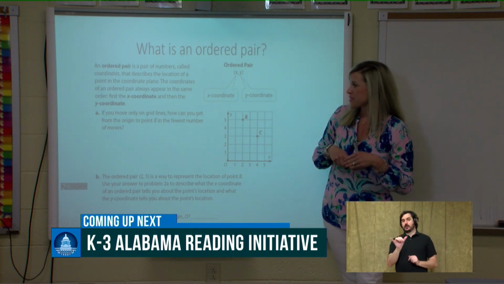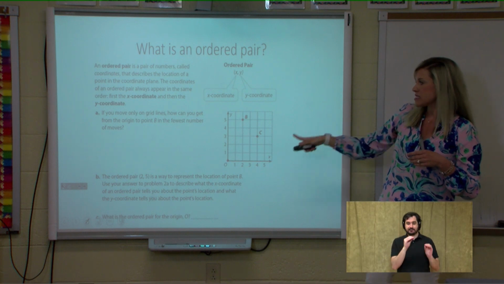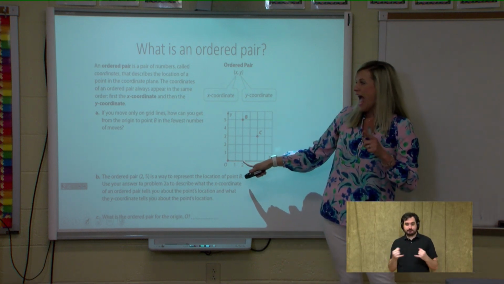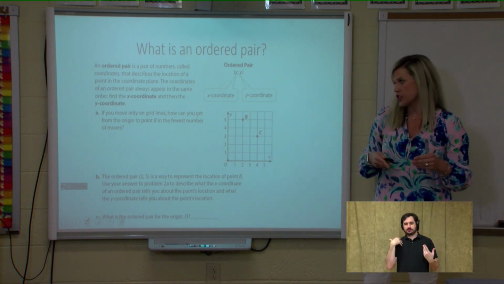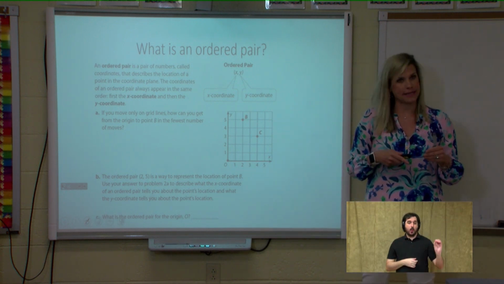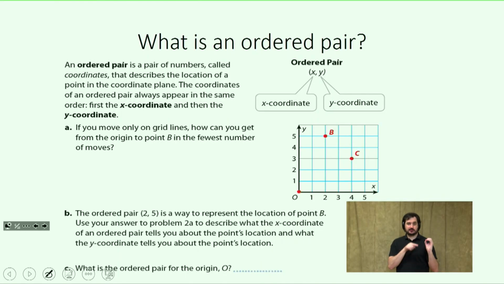All right? So if you move only on grid lines, let's take a look at what this says. How can you get from the origin to point B? Now remember what I just said. We always do X first, then Y. And we start at our original location, our origin.